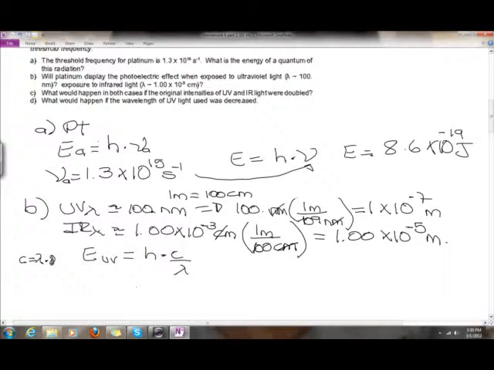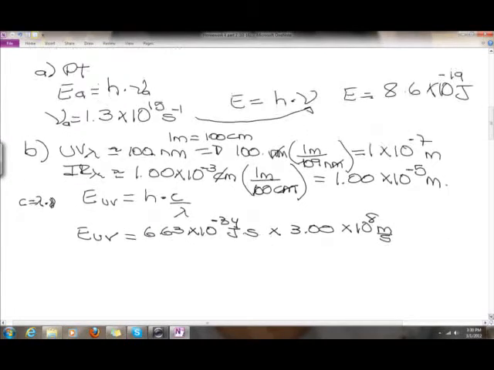Now, for the energy of ultraviolet, what you need to do is plug in 6.63 by 10 to the minus 34 joules times second, multiplied by the speed of light, 3.00 by 10 to the 8th meters per second. Then you divide it by the wavelength in meters, 1 by 10 to the minus 7 meter.